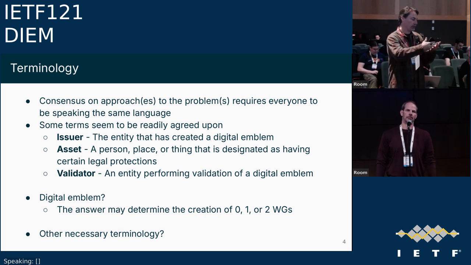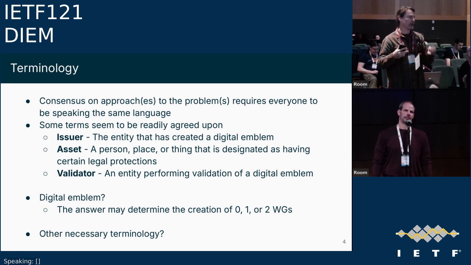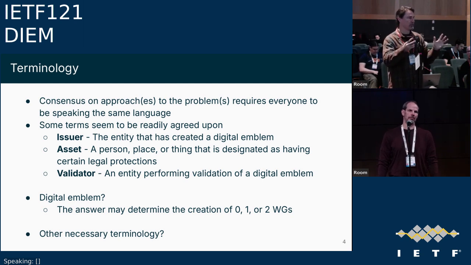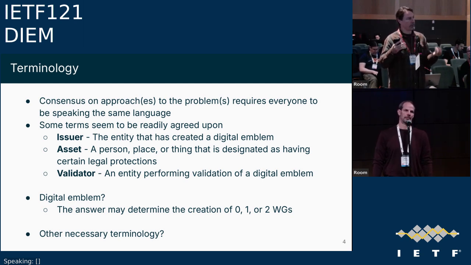So we have essentially 2 kinds of things. The primary thing that we're communicating is bindings, things that allow the validator to understand that the thing they're looking at is the thing that the issuer is talking about. So bindings: what is the quantity? What is the location? Does it have any visual characteristics that are unique? Things like that. And then there's the handling and what to do about it.